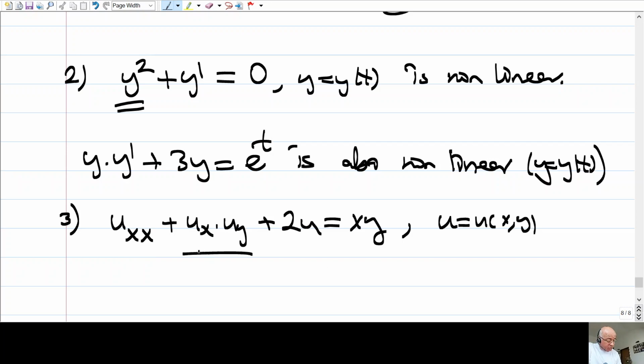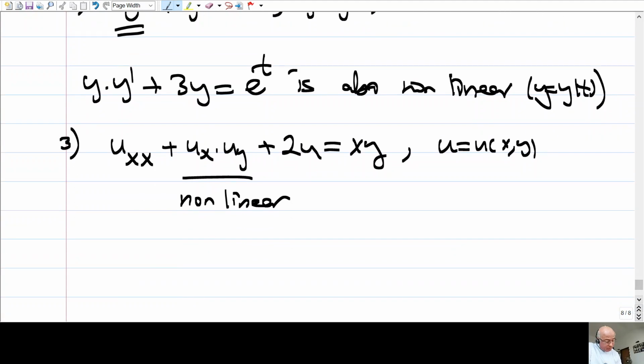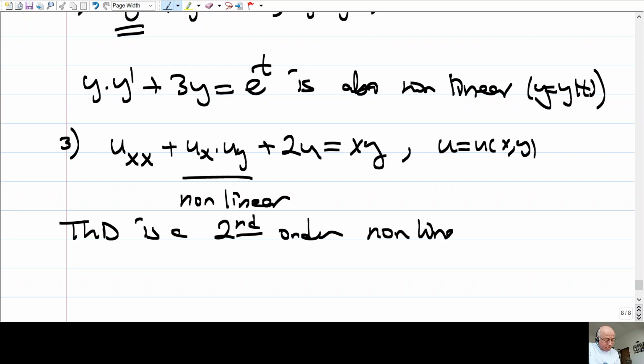And it involves a term where two derivative terms are in product form. Therefore, this is a nonlinear term, so this is a nonlinear equation. It is second order because the highest order derivative term is this one and the order of the derivative is 2. Second order nonlinear partial differential equation, okay?